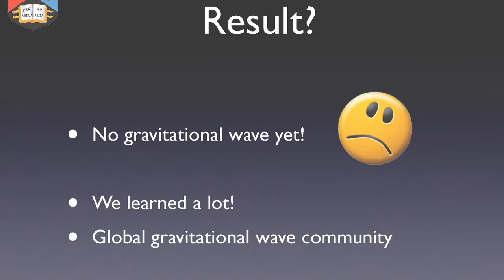And, well, we haven't detected anything yet. Okay, that didn't work. So we learned a lot in the process, and we built this huge collaboration. As I said, this is like CERN was in the 60s. The main work is to get things going, to get a momentum, to get people on board that this is interesting and so on. So we built all these detectors, we measured for 10 years, and we didn't see anything. So what do we do?